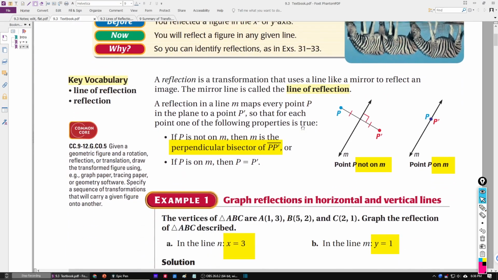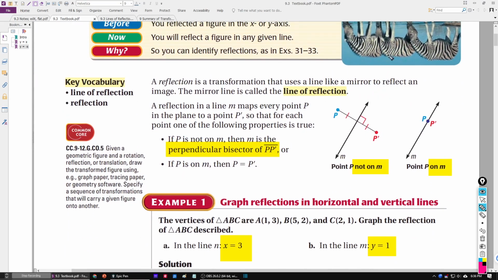And here's the basic, simple thing about reflection. Here is our pre-image, because that's the one without the prime. And this is the line of reflection that they've given to us, that they want us to reflect this pre-image in. Notice that we go where it's perpendicular.